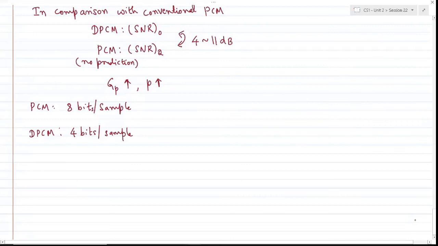I'll take an actual voice sample and showcase the quantization process and encoding process involved. At the end of unit 2, my idea is to give you a demo on this chapter which involves all the processes.